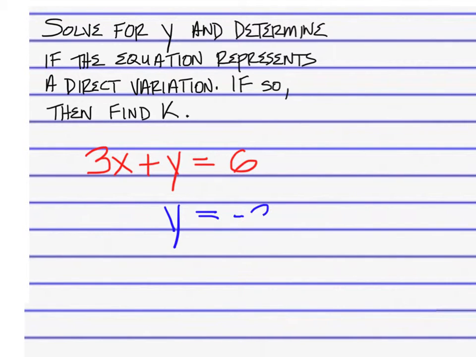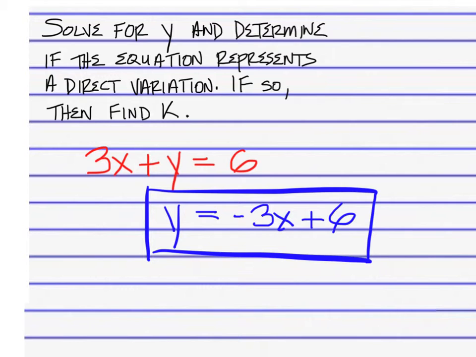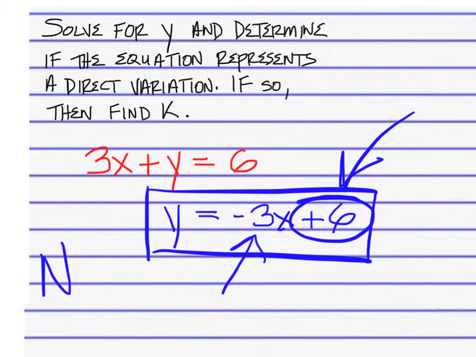So that would give me negative 3x plus 6. So is this a direct variation? No, it has that constant plus 6 out there. This is constant of variation, negative 3. This is just a regular old constant out here. So the answer is no.